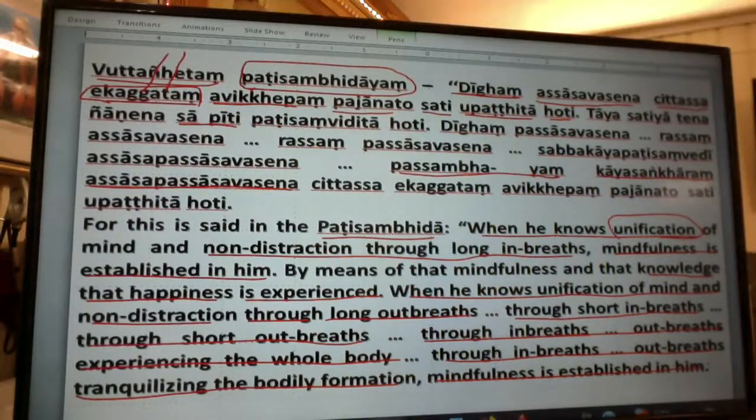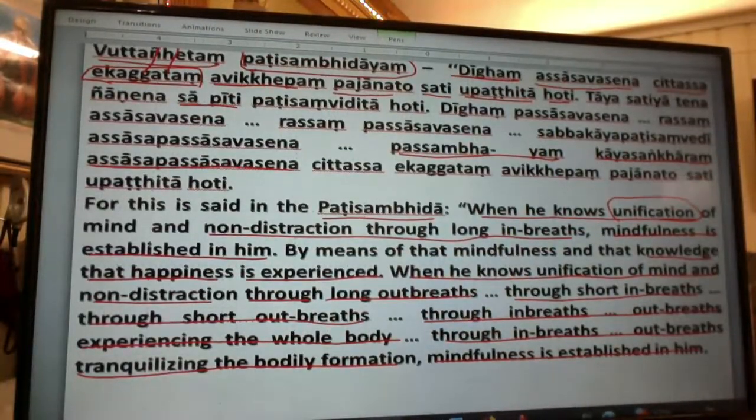So practice meditation step by step in that way. In Pali, the Vipassanā Pali is mentioned, what the Buddha mentioned like this. So Vipassanā Pali is very good to study. Yeah. Later we will learn that kind of Vipassanā Pali, okay?